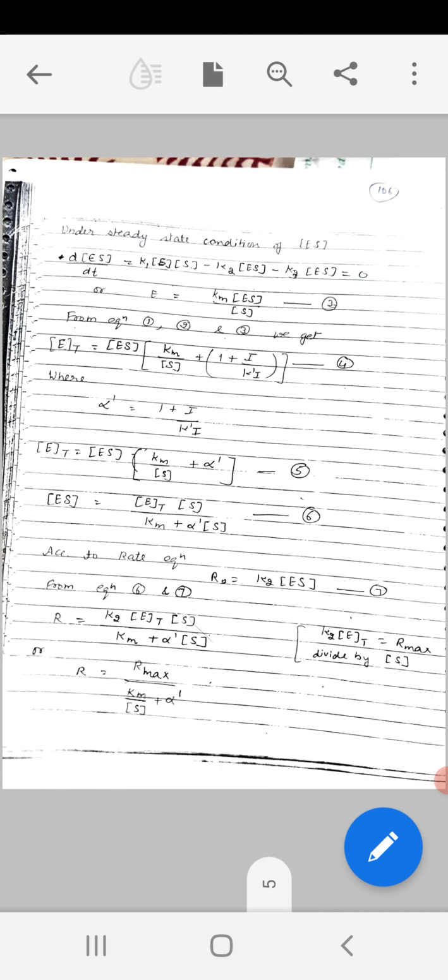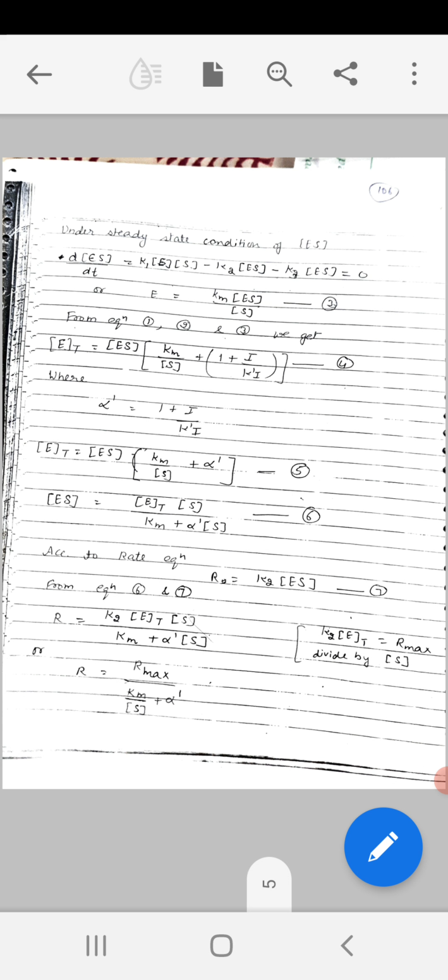Under steady state condition of the ES complex, d by dt of ES is equal to K1 concentration of E, concentration of S minus K2 concentration of ES minus K3 into concentration of ES is equal to 0, or E is equal to Km ES upon S.